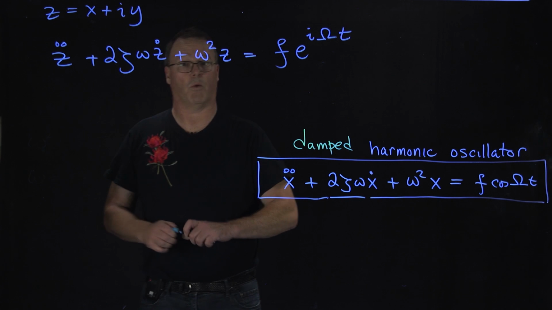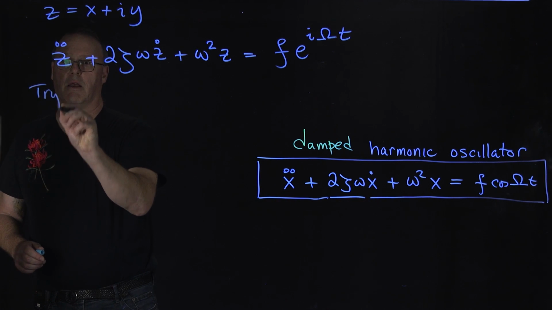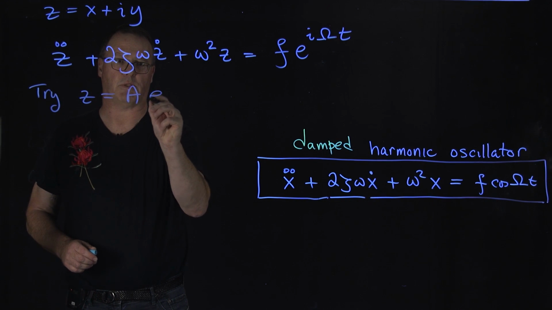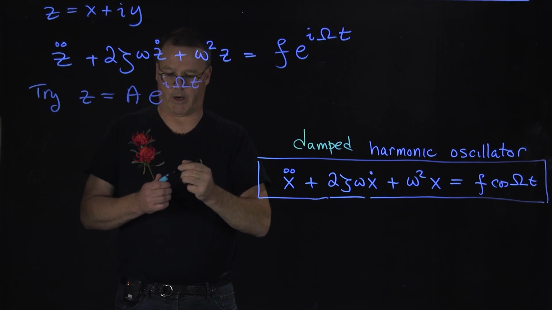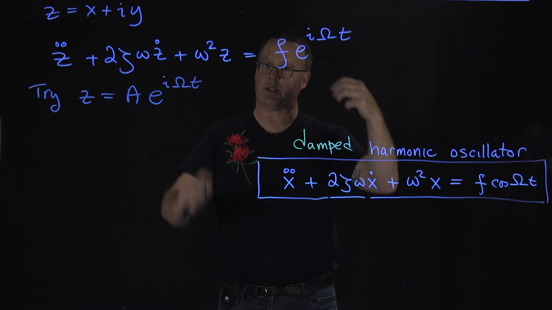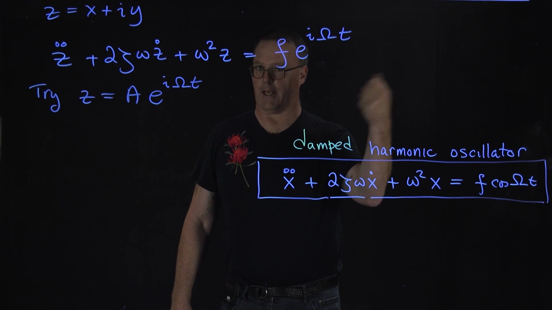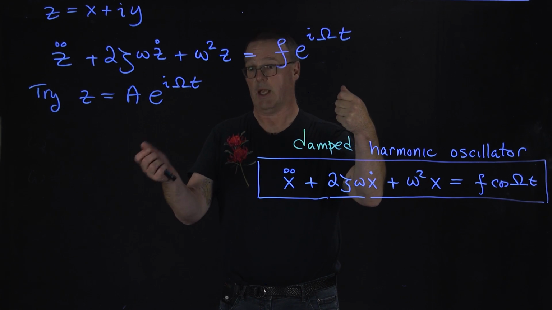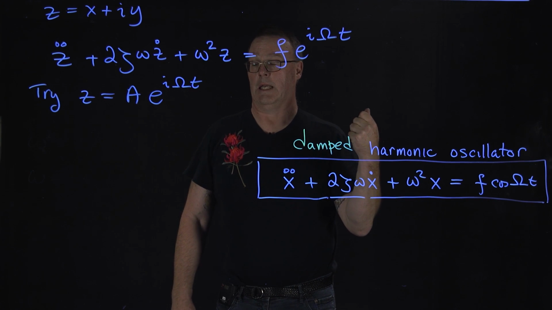So what we're going to do is try a solution z equal to some amplitude A times e to the i omega t, where this omega is exactly the same as this one. That's because if you force something to oscillate at a certain speed, no matter what the natural frequency is, eventually the system will go with the thing that you're forcing it at.